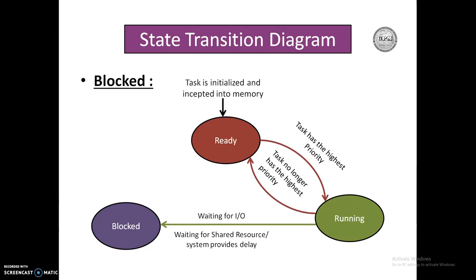A task can only move to the block state by making a blocking call, requesting some unavailable resource, waiting for some event to happen, or delaying itself for some duration, as we have seen here.